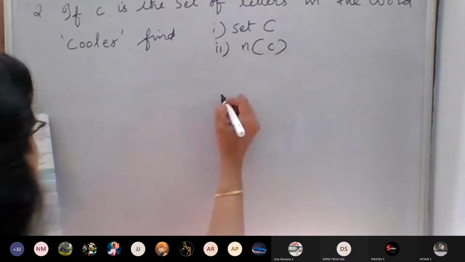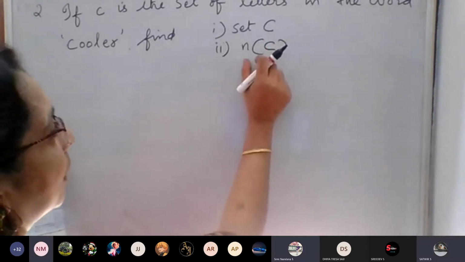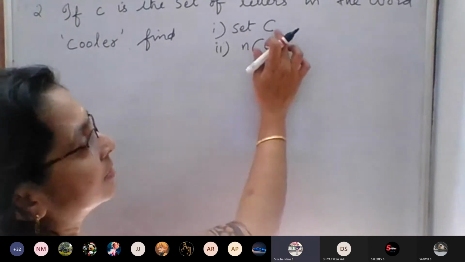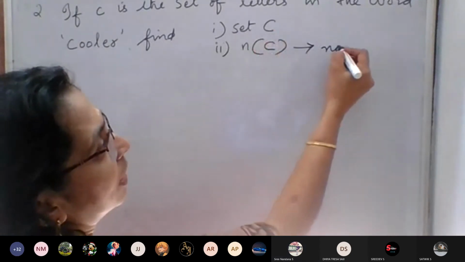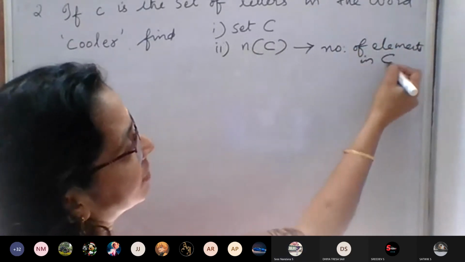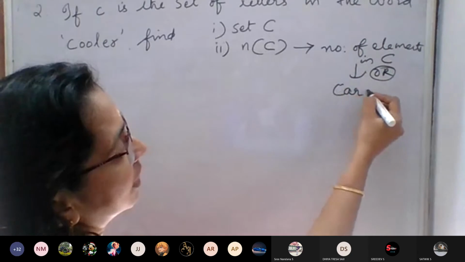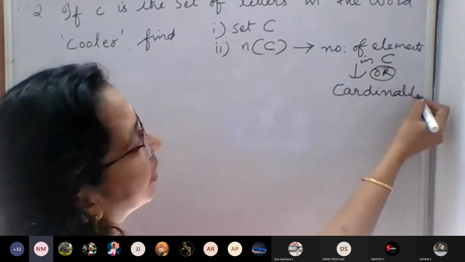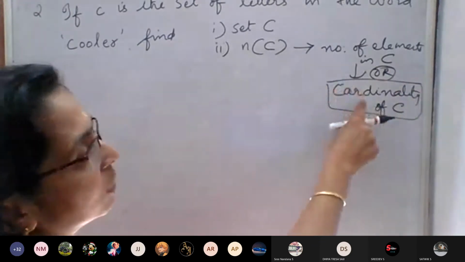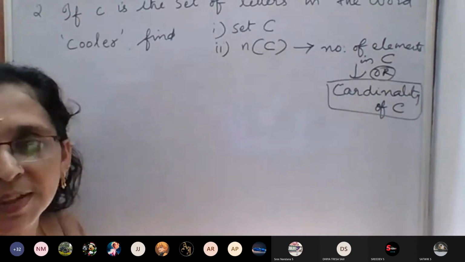What is the meaning of N of C? It is the cardinality of C, the number of elements in C. In higher classes you will use the word cardinality, the standard word.